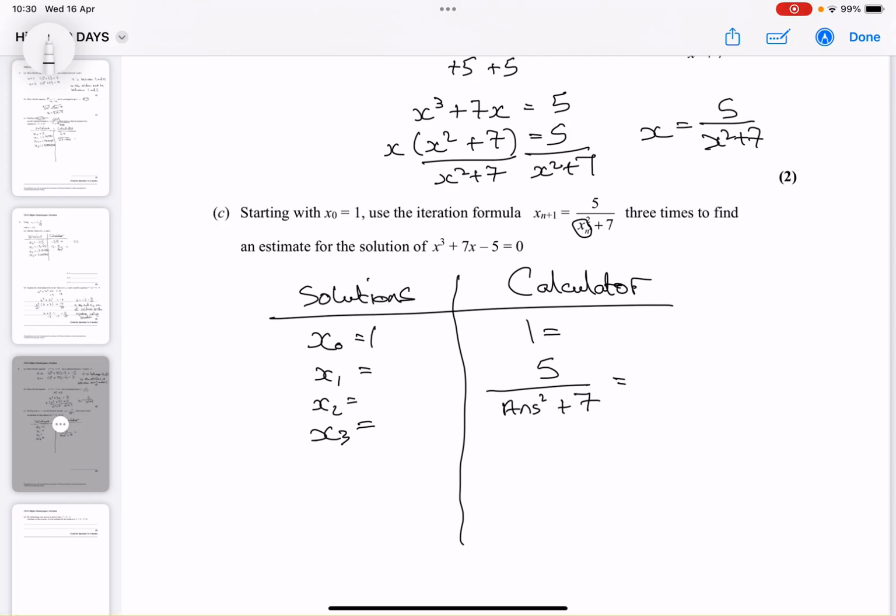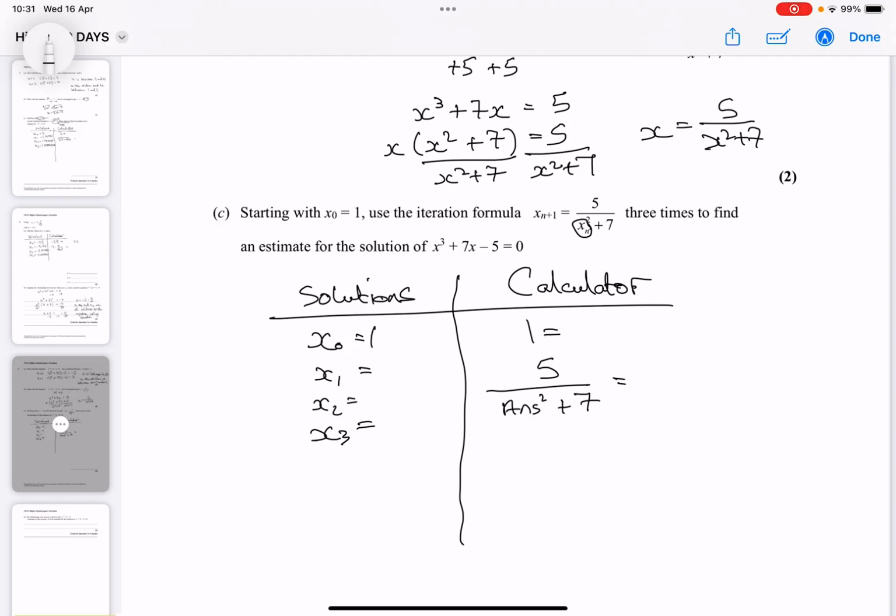First one is 1 equals, so I can see the 1 in the bottom right hand corner. Now I've got my fraction button, I've got 5 over ans, get my squared button, add 7. Make sure it all looks right, exactly the same, make sure that plus 7 isn't in the powers.